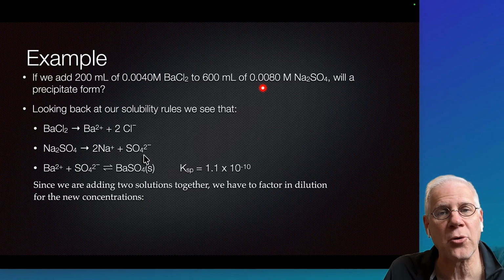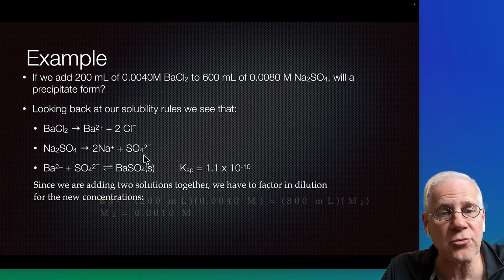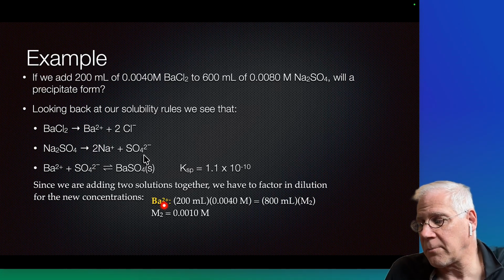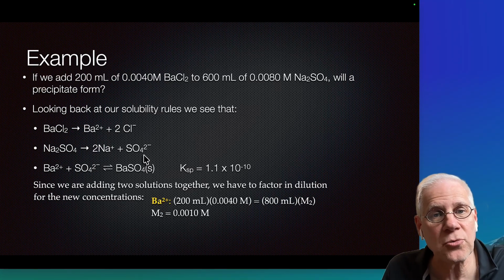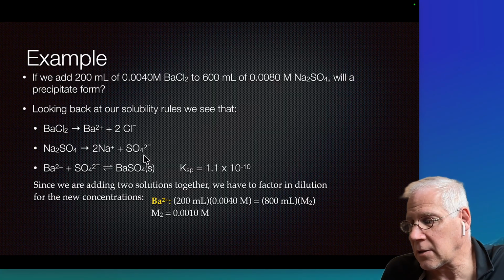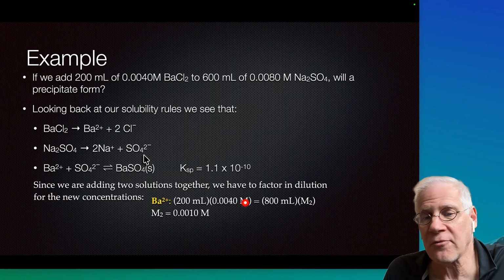Now, we're adding two solutions together, so we can't just use the 0.004 and the 0.008 because we are mixing two solutions. So we have to calculate new concentrations by looking at the dilution factors. For the barium, I'm just going to use the M1V1 equals M2V2 equation that we learned back in Intro to Chem. So we have 200 milliliters of 0.004 molar barium chloride.